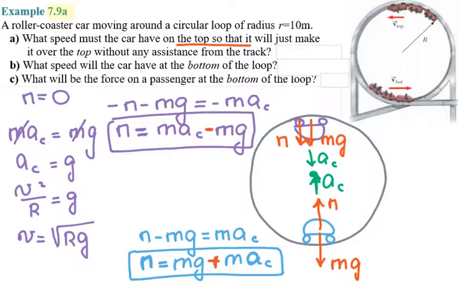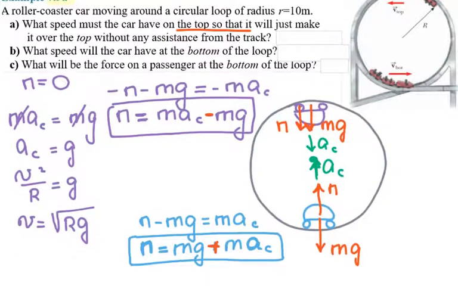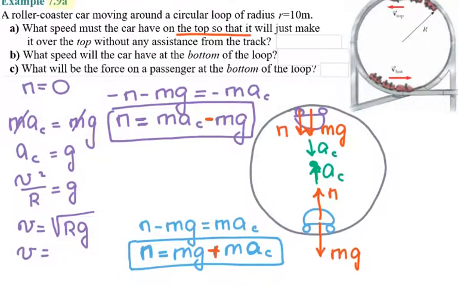If I plug in the numbers for the radius 10 and g is 10, I get 10 meters per second. So this is the minimum velocity needed for the car to stay on the track, not fall down, but still not exert any normal force on the track at the top.